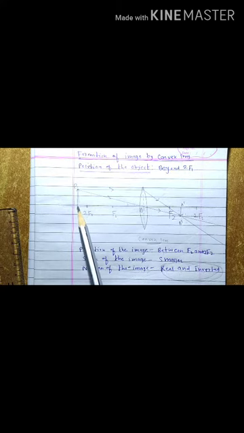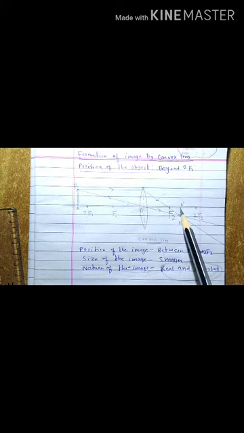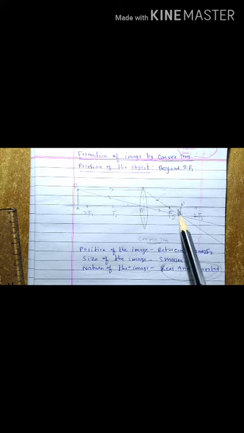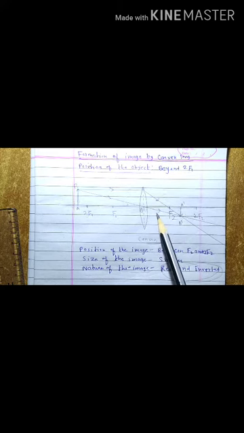In that case, image will form between f2 and 2f2. I made here a smaller size. In the previous case that was point size, but in this second case, the image is smaller as compared to the object, and again nature of the image real and inverted. In the previous case also real and inverted.